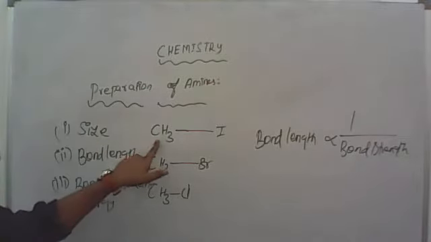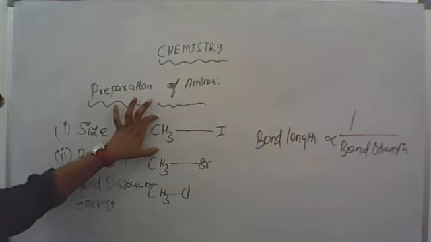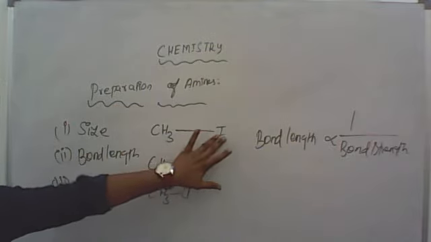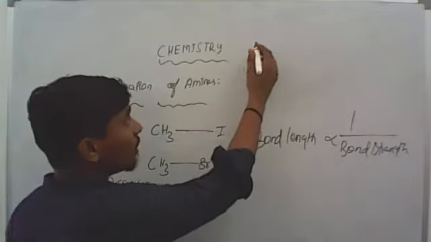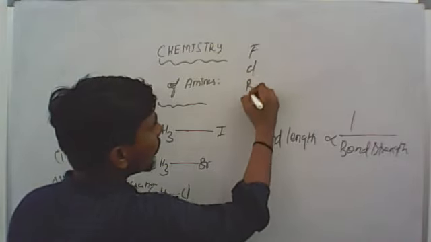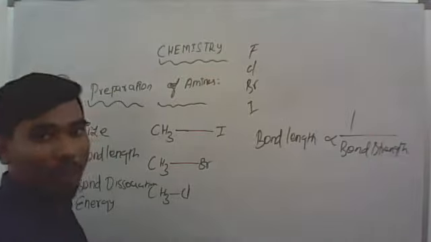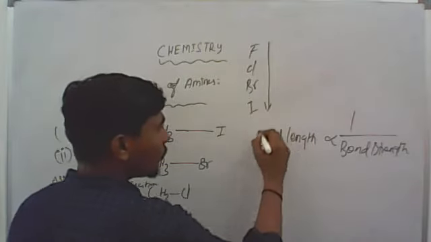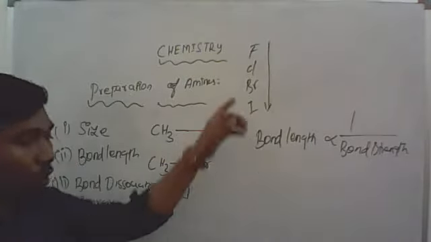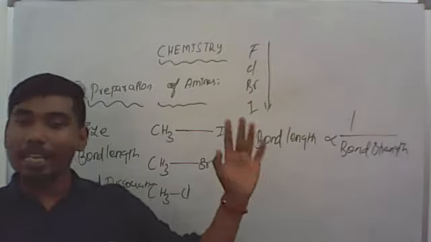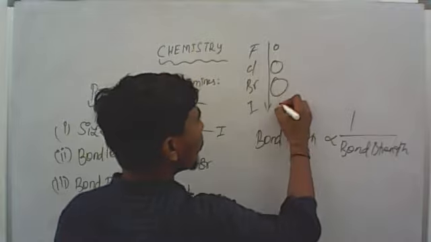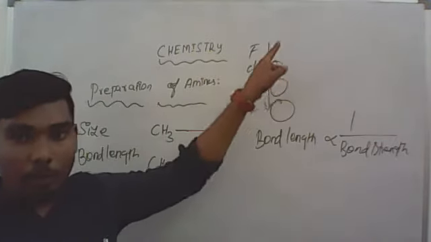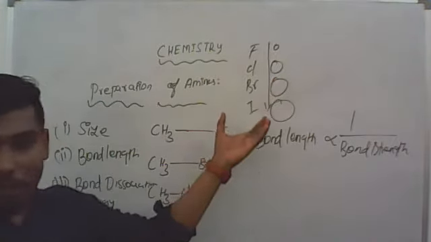So you see here, in methyl iodide, the size of the iodine will be high. Why? Because among the halogens in the periodic table, fluorine, chlorine, bromine, iodine, if you move from top to bottom along the group, the size of the elements increases.